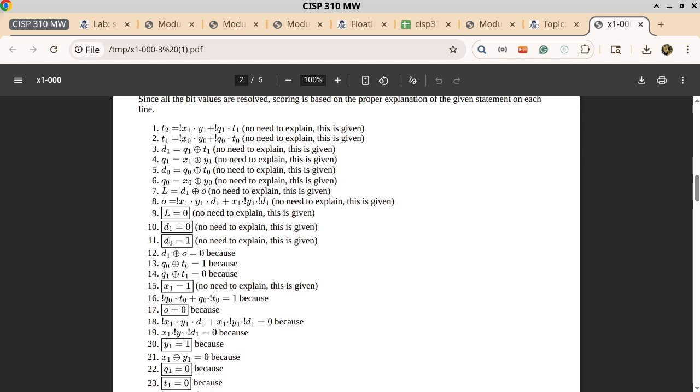That is D0, so we have to look at things related to D0, which is line 5. So 5 along with 13. 5 and 13 together makes 16.